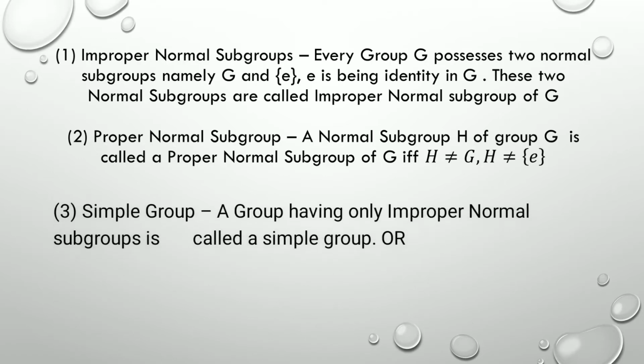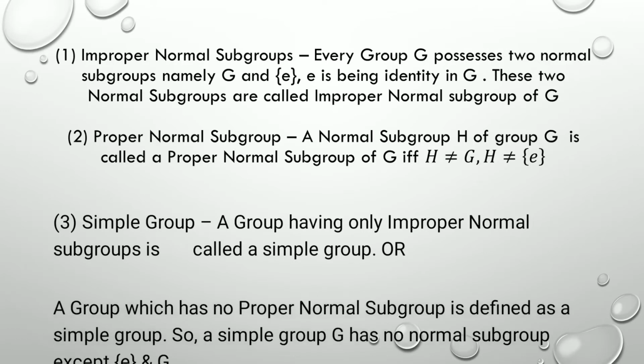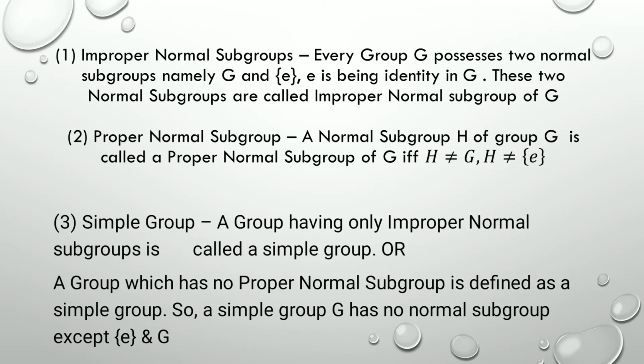Then the third one is simple group. A group having only improper normal subgroups is called a simple group, or a group which has no proper normal subgroup is defined as a simple group.